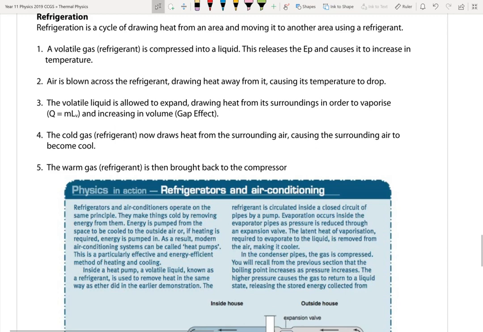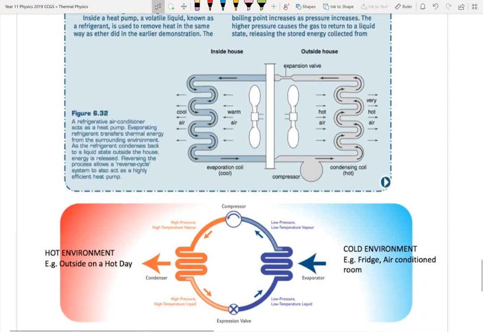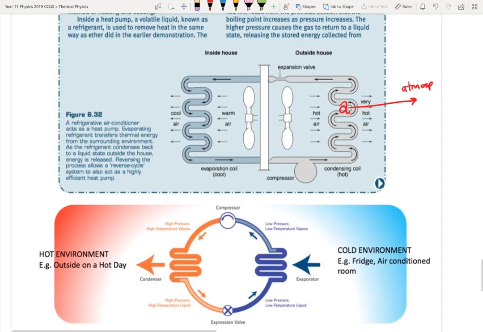So when we blow air across it, the heat is drawn away. Now that is going to occur at the back of your fridge or outside the house. So what we're sort of describing here is the hot liquid. If we can draw hot air to very hot air, basically my Q, if we could draw Q leaving, go to the atmosphere. Atmosphere.